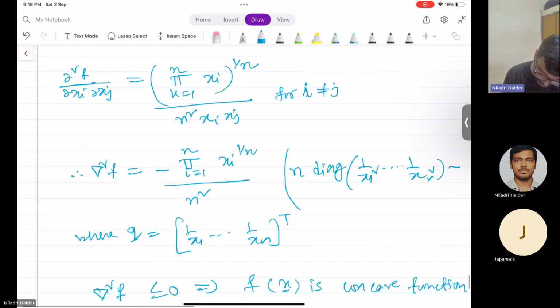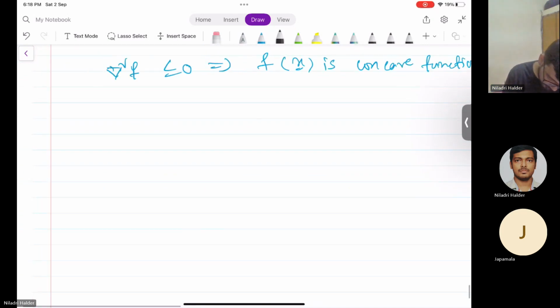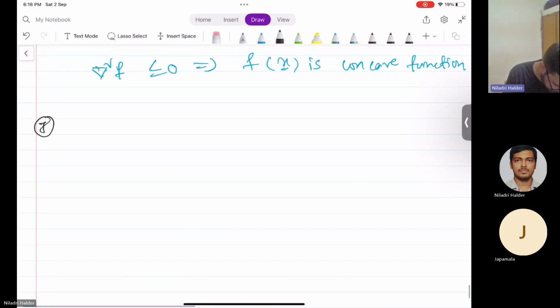Okay, so then the second is that every norm is convex.